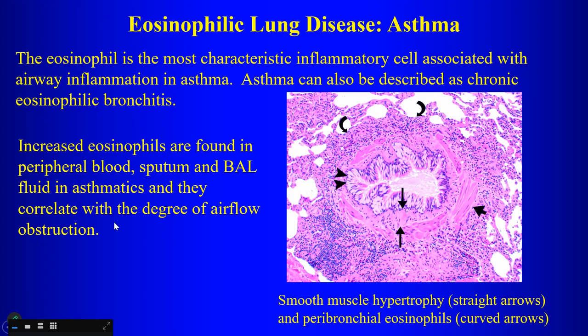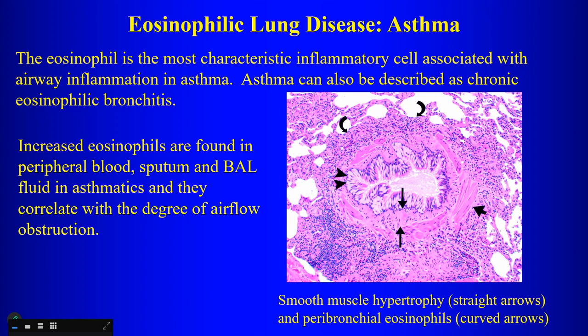Another disease that we don't think of as an eosinophilic lung disease is asthma. And the eosinophil is the most characteristic inflammatory cell that's associated with asthma. It infiltrates around the small airways. So asthma can be described as chronic eosinophilic bronchitis.